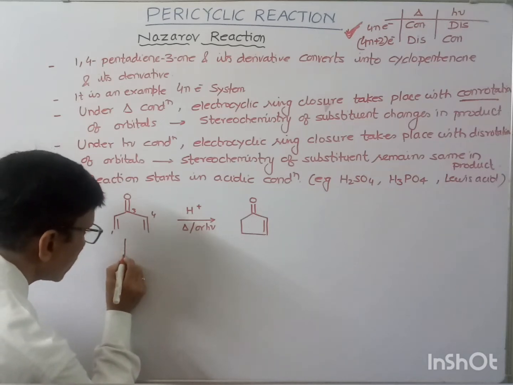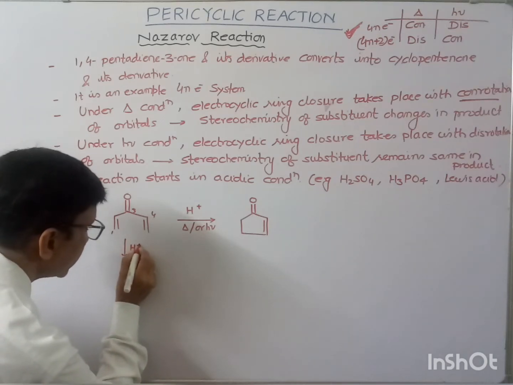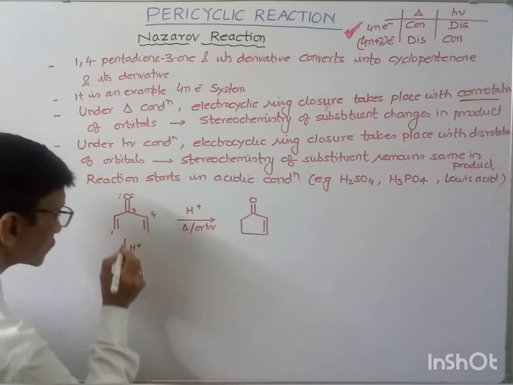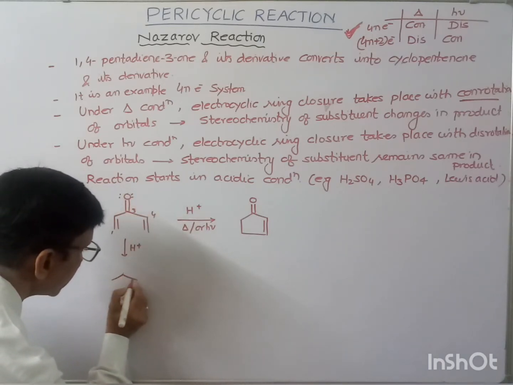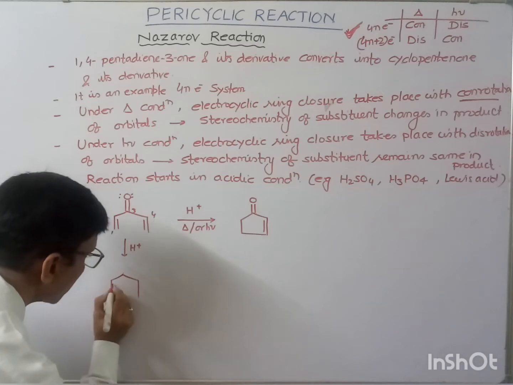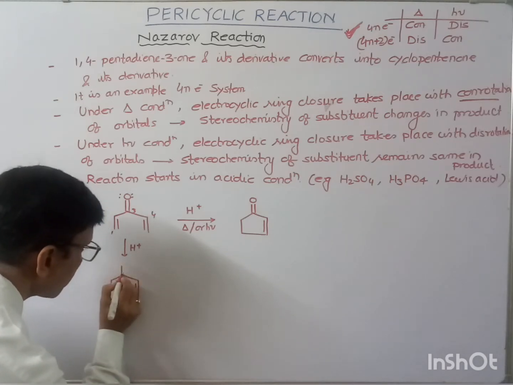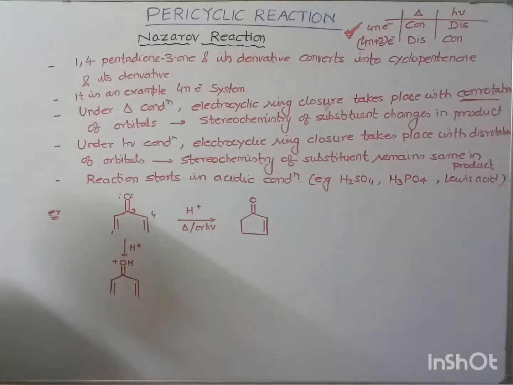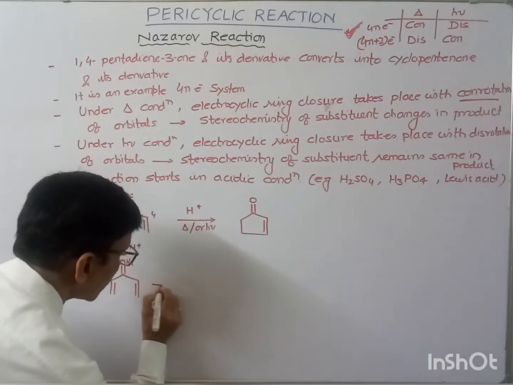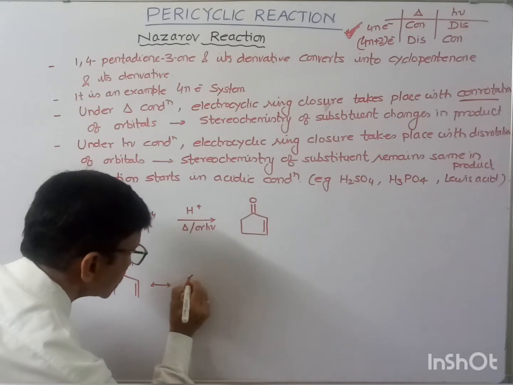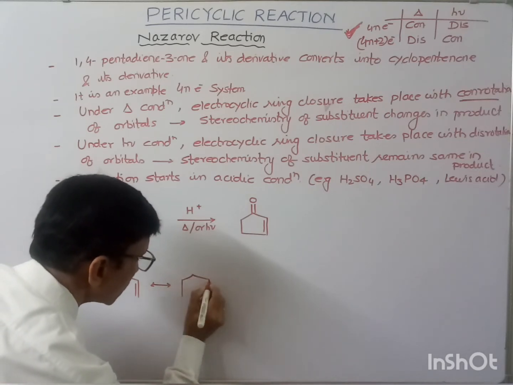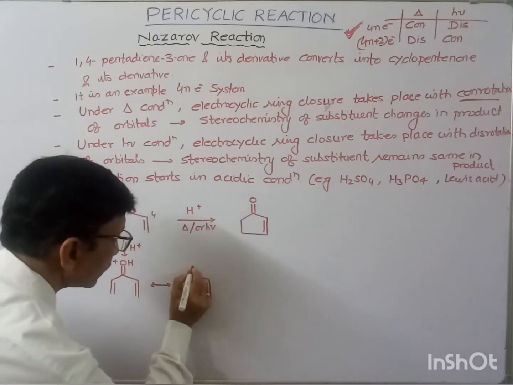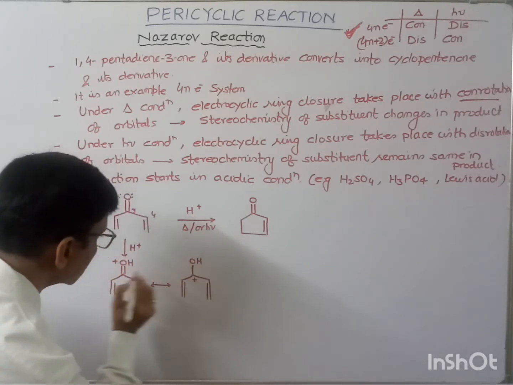First of all, in acidic medium, protonation starts. Protonation of this oxygen will take place, and positive charge will come over the oxygen. Now we may write the resonance stabilized structure for this. Now the positive charge will come over this carbon, and we have OH.